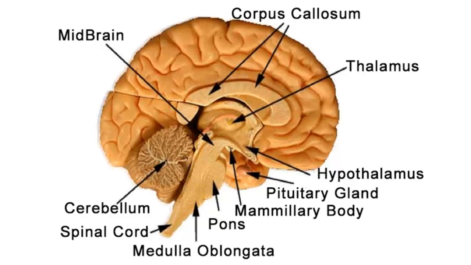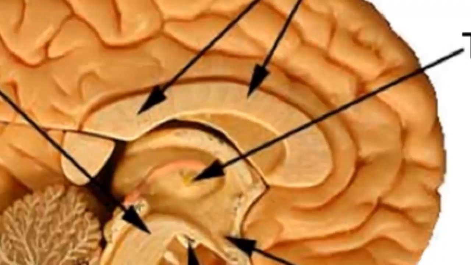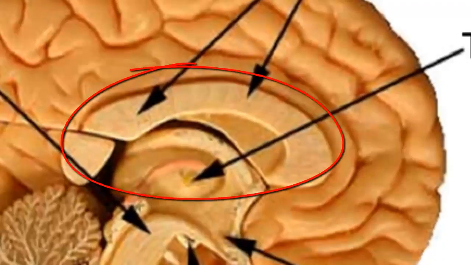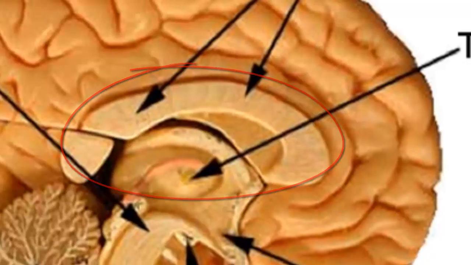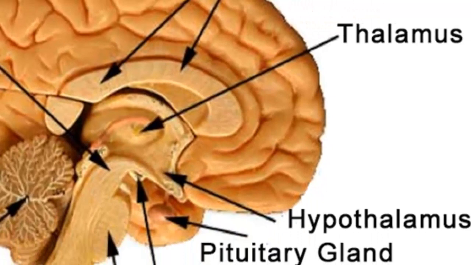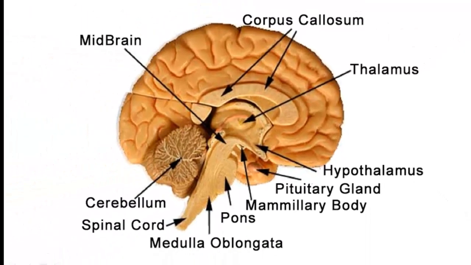What you can notice in this picture is the corpus callosum. That's the area where the fibers would be connecting these two cerebral hemispheres. As you can see in this picture also, there's the hypothalamus, the pituitary gland, which we'll talk about in subsequent slides.